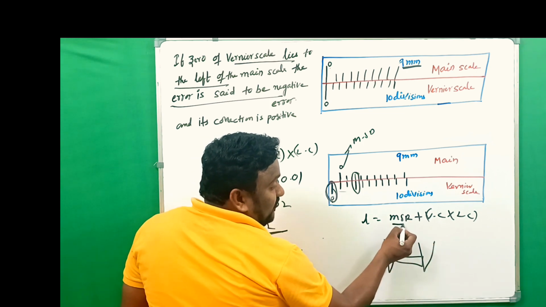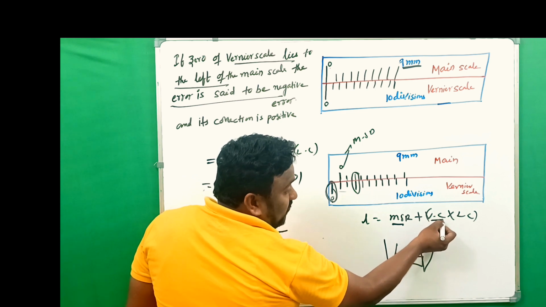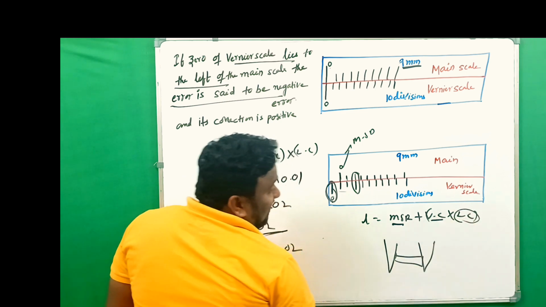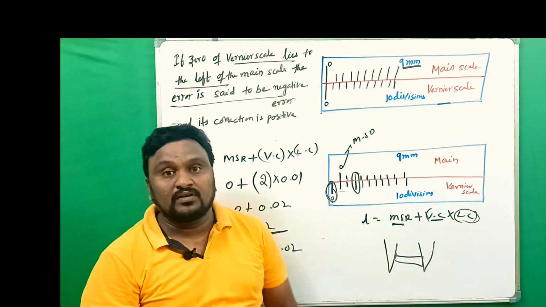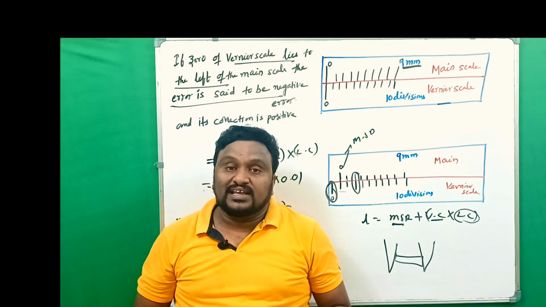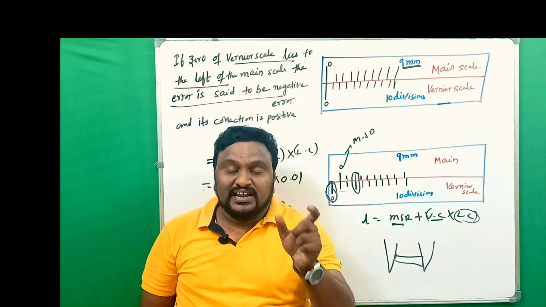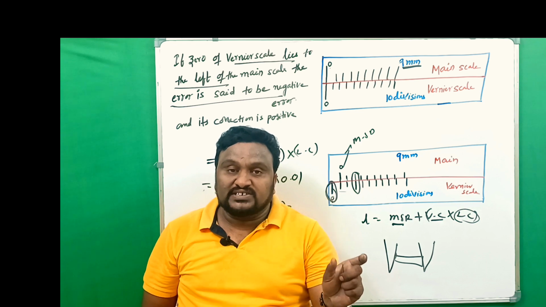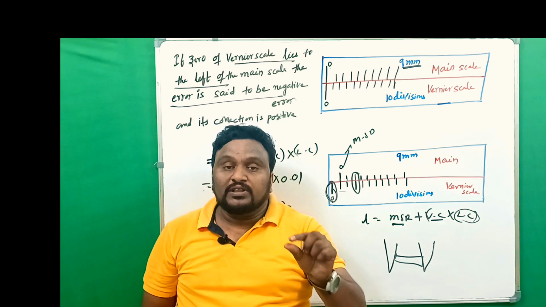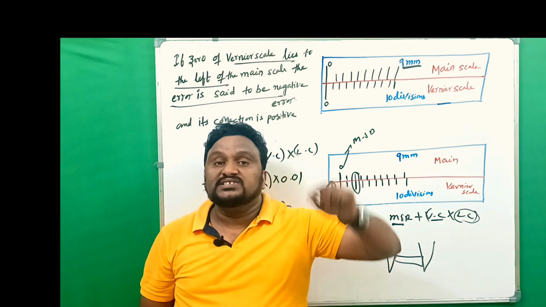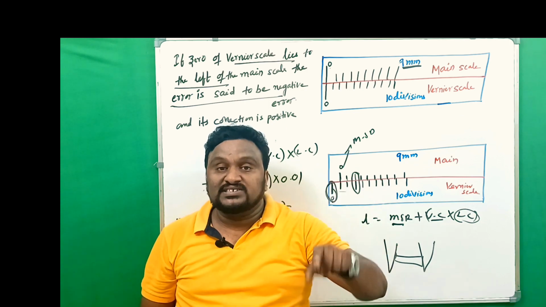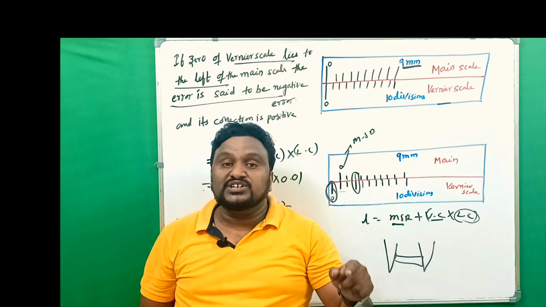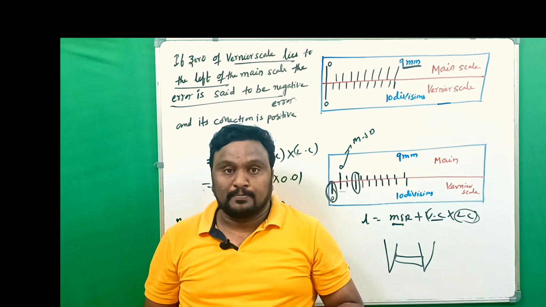Then again we find the MSR, again we find the VC, and we already know the LC. Clear? Already we discussed how to take the MSR. After inserting the object between the two external jaws, the zero of the vernier scale must coincide on one line of the main scale. That particular line on the main scale should be taken as the MSR.